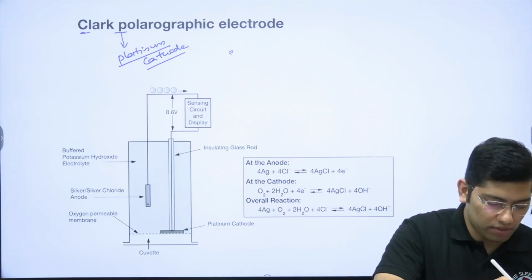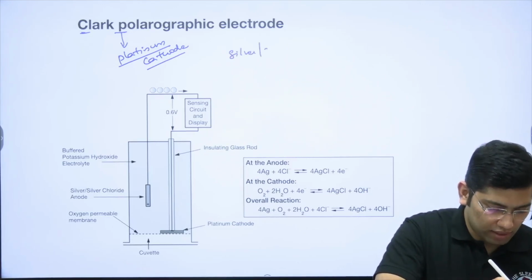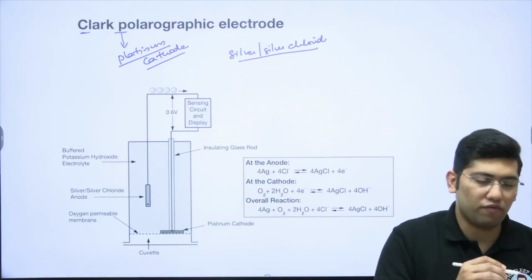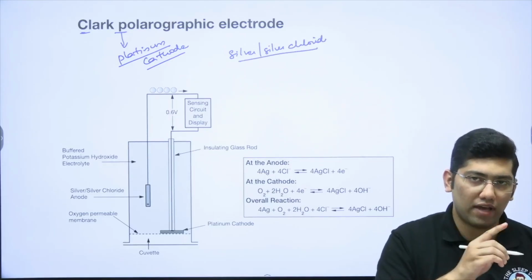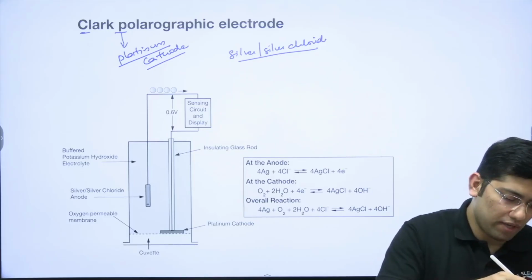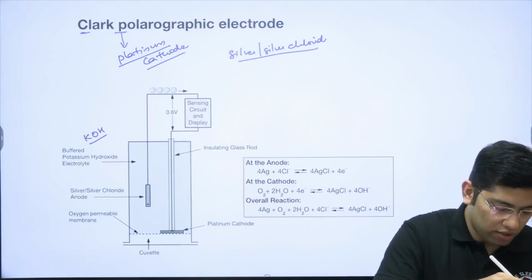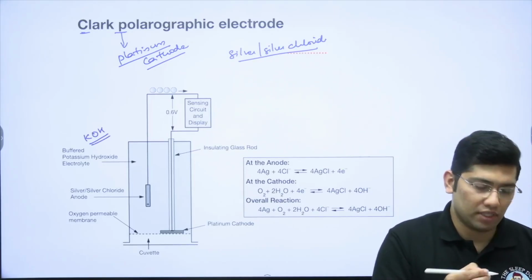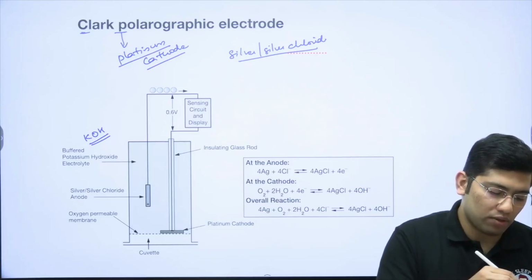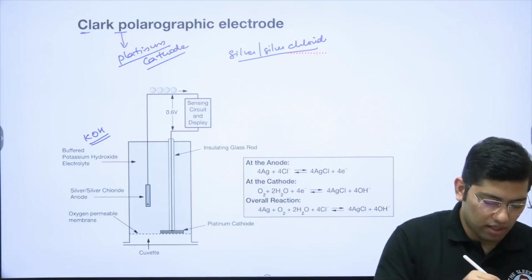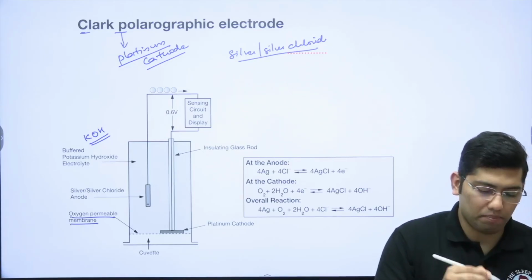Then what is the anode? It is silver in silver chloride. So we have a cathode, we have an anode. Now what is the buffer? We have here the potassium hydroxide buffer. So cathode, anode, a buffer and an oxygen permeable membrane.